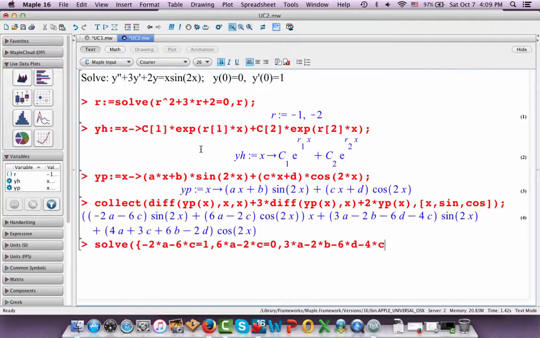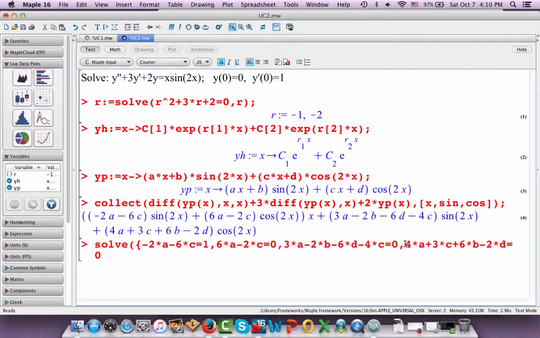Again, phi doesn't have a sine 2x term, it only has an x sine 2x term. So this is equal to 0. And then our last equation is, oops, something's wrong here. Our last coefficient is this, and this is for the cosine 2x term. And there's no cosine 2x term in phi of x, so then again that's equal to 0.